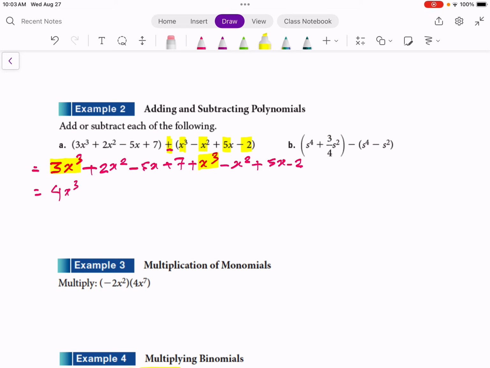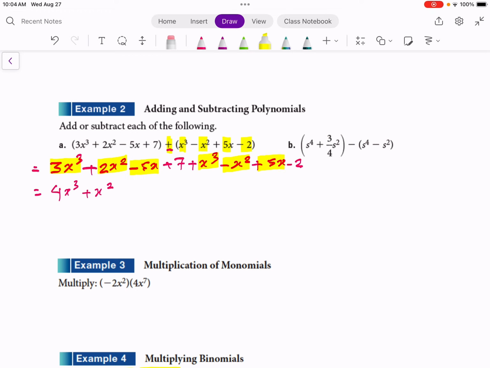Now we have 2x squared with a degree 2 and we have negative x squared with a degree 2. So these two are like terms. So what is positive 2x squared minus x squared? That is positive x squared, right?